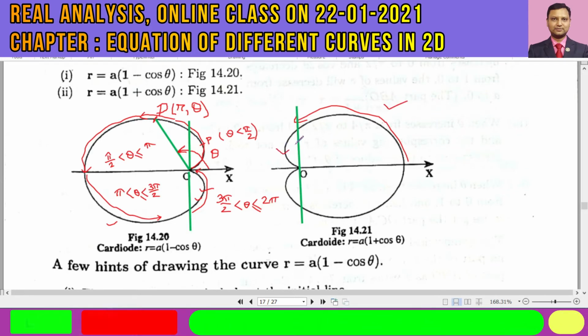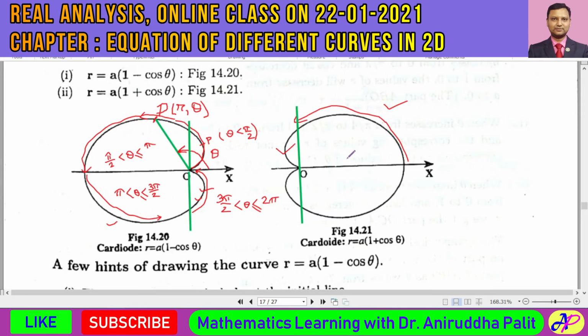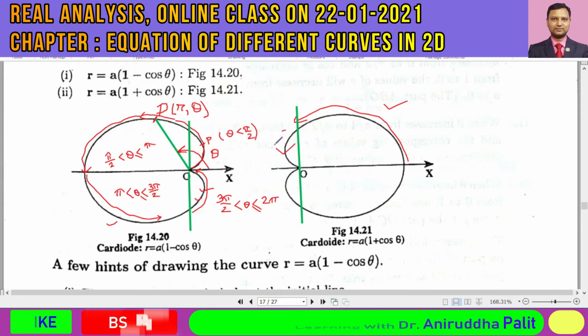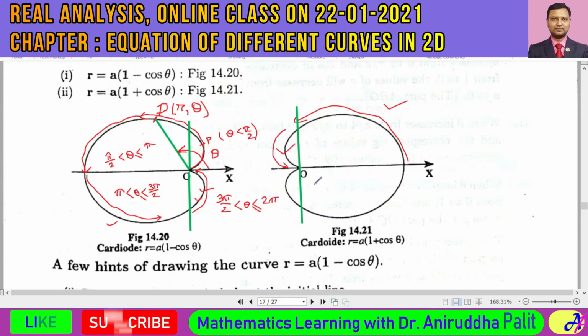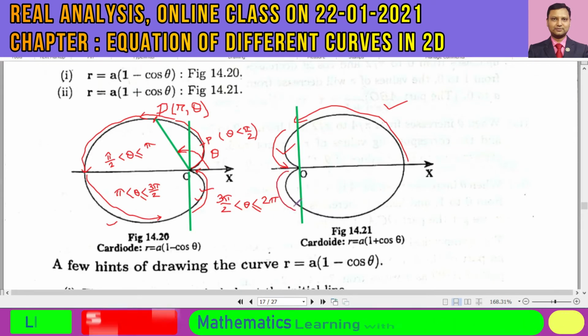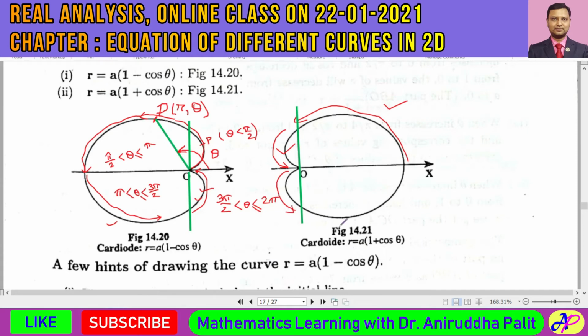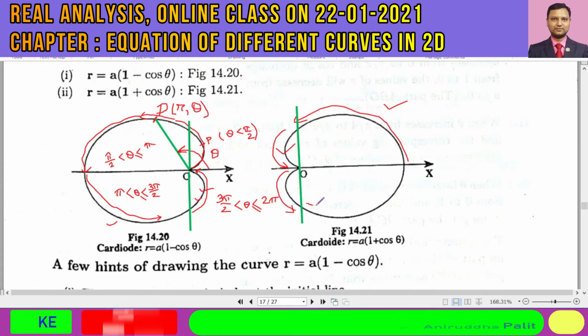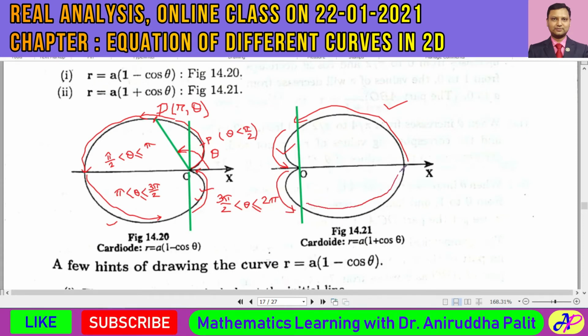In this zone, then pi by 2 up to pi along this direction, up to this point O. Then pi to 3 pi by 2 up to this zone, and then 3 pi by 2 to twice pi in this zone. So in this fashion, theta would change.